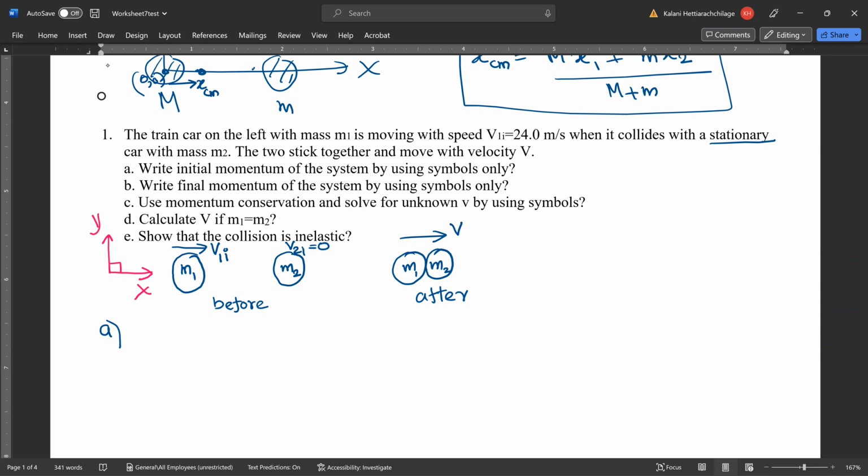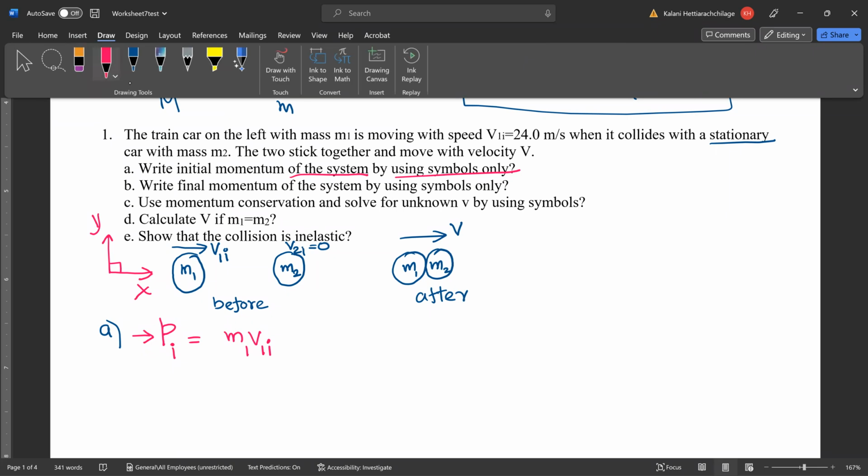So I need to write the initial momentum of the system, by using the given symbols. We're going to write it in the x direction. P initial is equal to m1 v1 initial. The second object's velocity is 0, so you don't need that part, right?